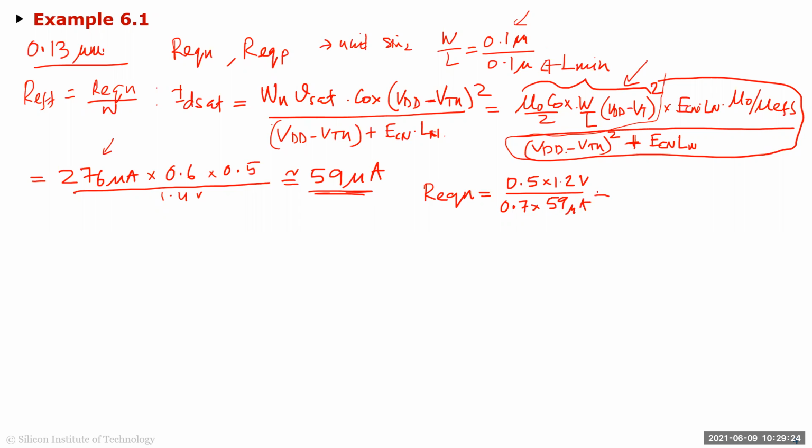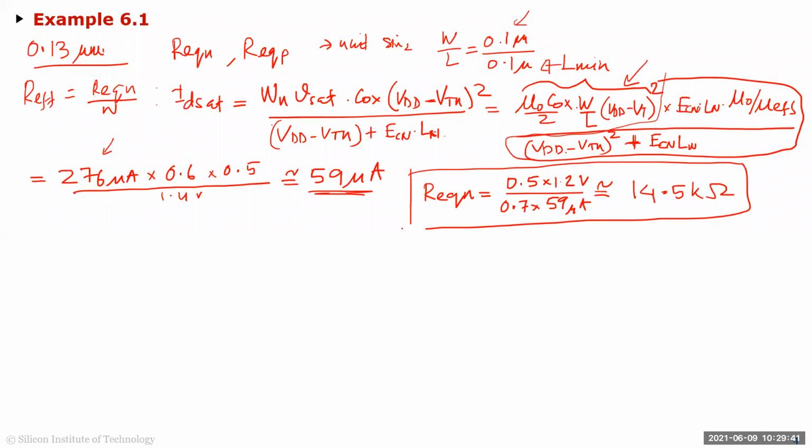If I calculate it, it's about 14.5 kilo ohms.